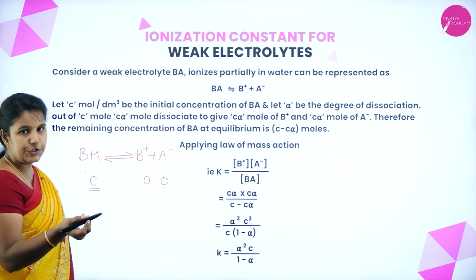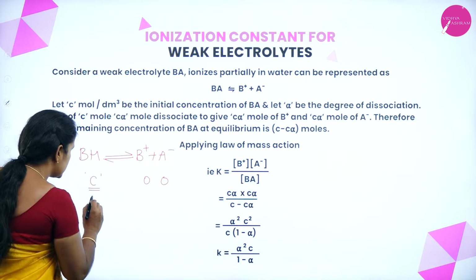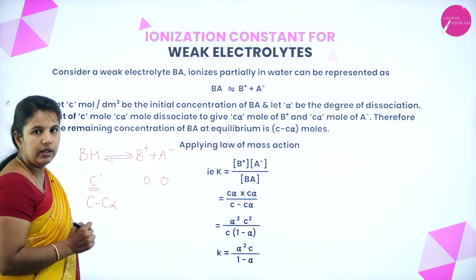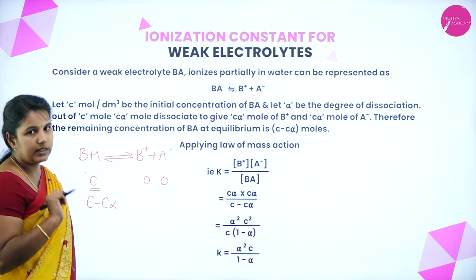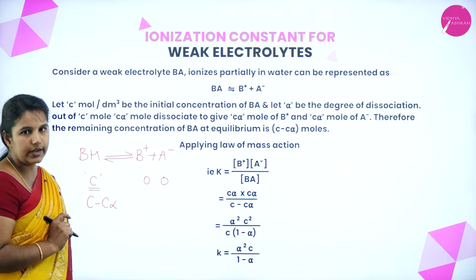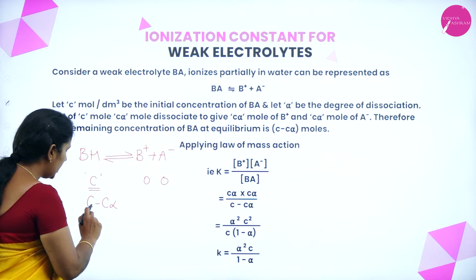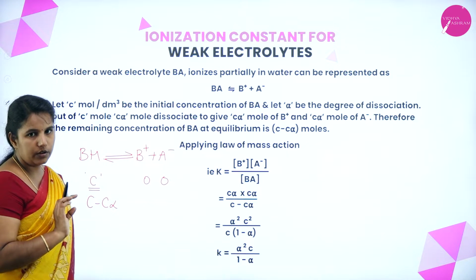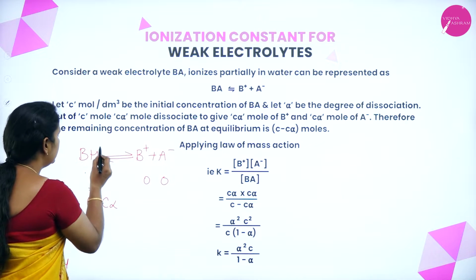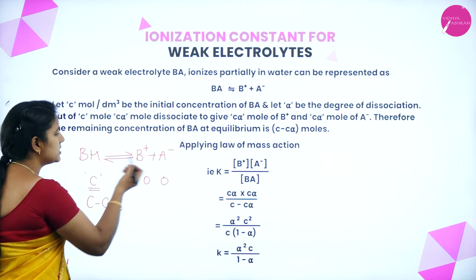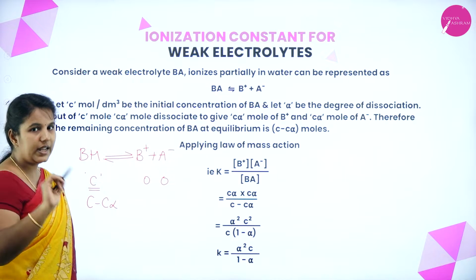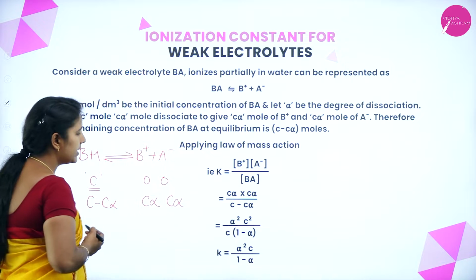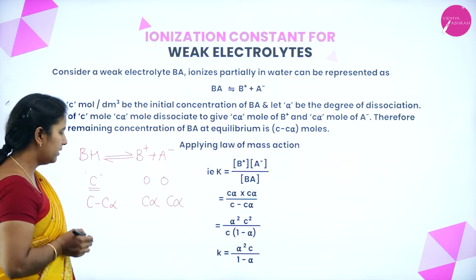It will also change. So, I'll write the change in concentration as C minus C alpha. Then what is alpha here? It is nothing but the degree of dissociation. So, here C is the initial concentration and C alpha is the dissociated amount. This weak electrolyte dissociates to give B plus and A minus, so that can be written as C alpha and C alpha.